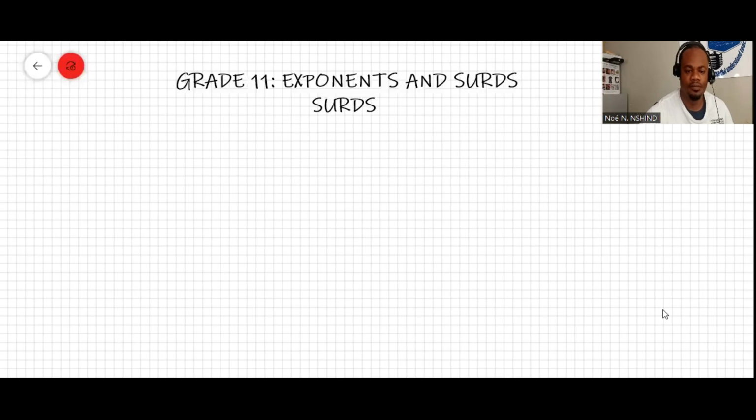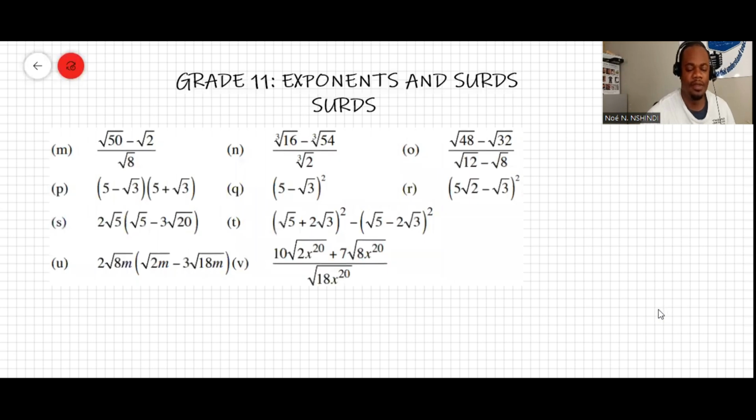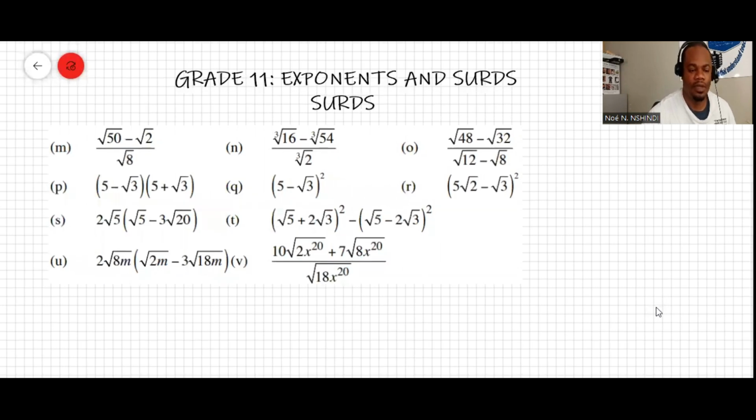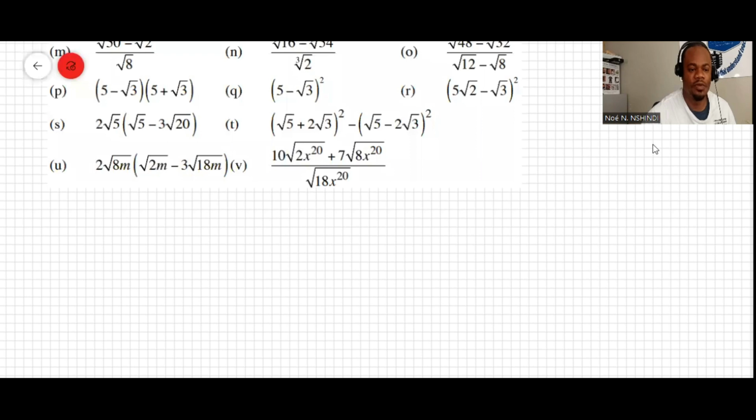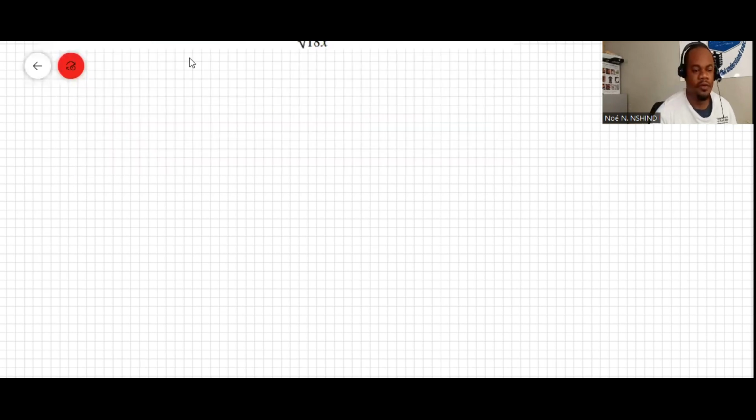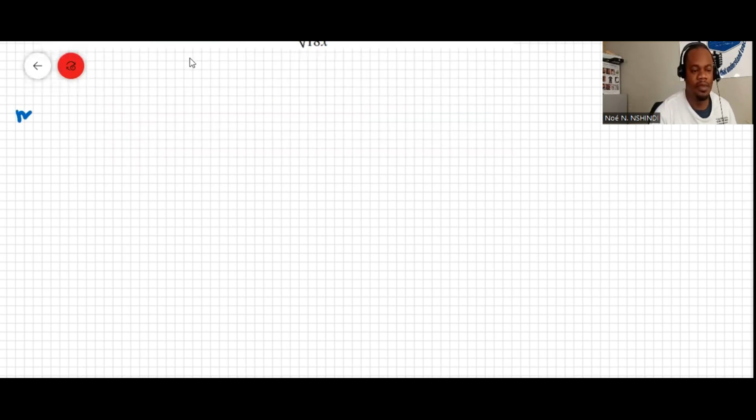Right, now we have m there: root 50 minus root 2 over root 8. So over here we have m, root 50 minus root 2 over root 8.